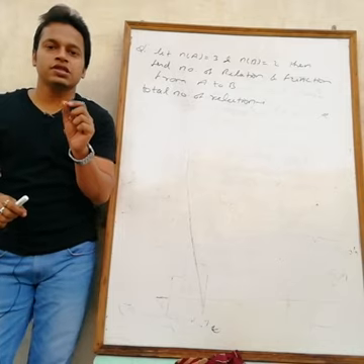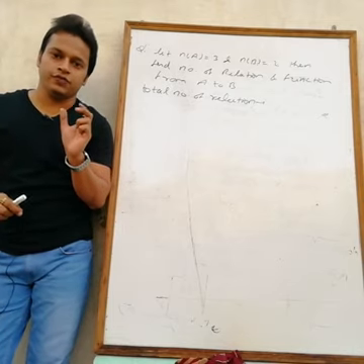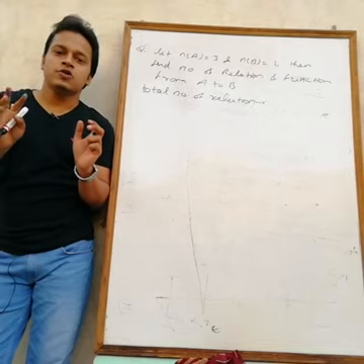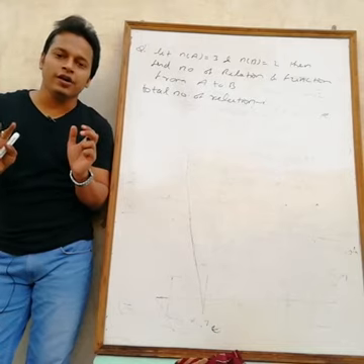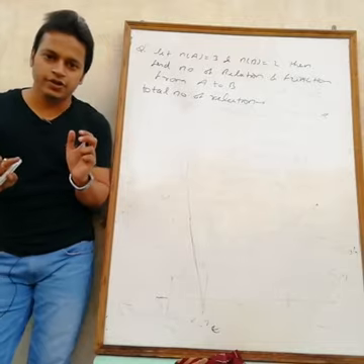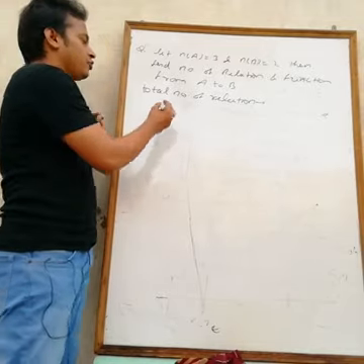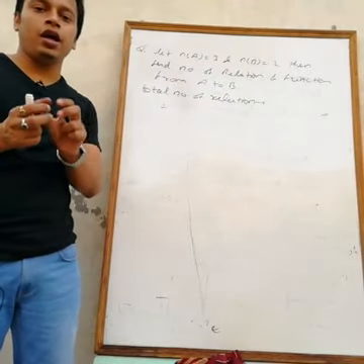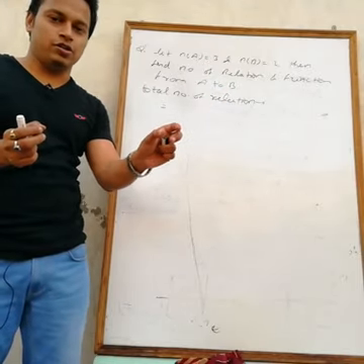A relation is a subset of A cross B. Every subset of A cross B is a relation from A to B. So first you have to find the number of elements in A cross B, and obviously I have a direct formula. If A has 3 elements, B has 2 elements, then A cross B has 6 elements, 3 into 2.